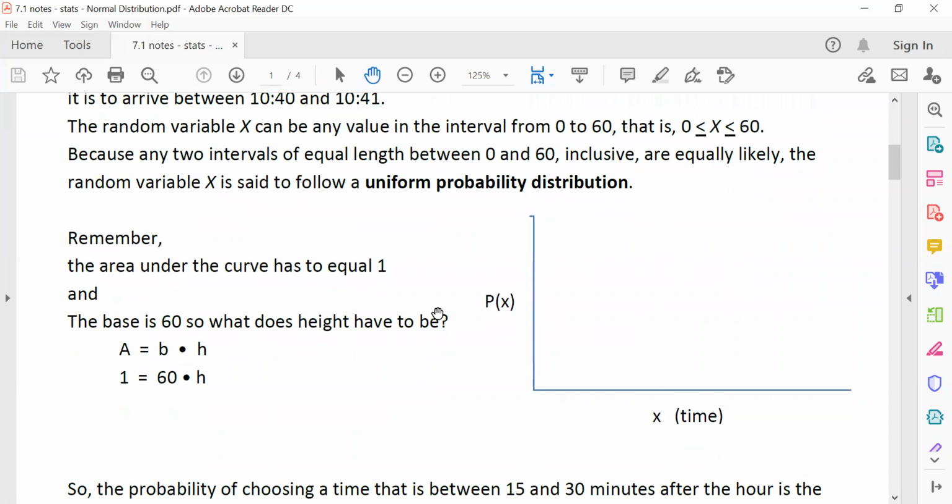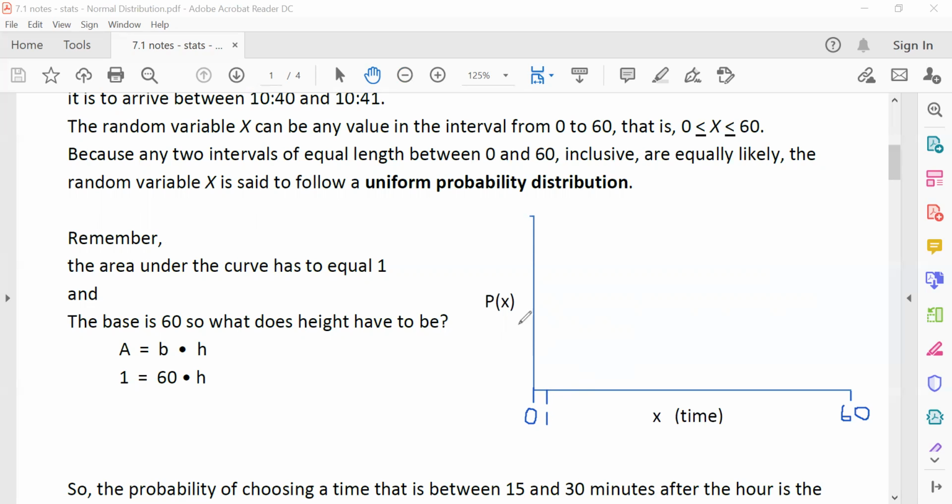So we're going to draw a picture of this situation. We can put a 0 here, and it goes all the way to 60 over here. And now, between 0 and 1, there should be a 1 over 60 chance.